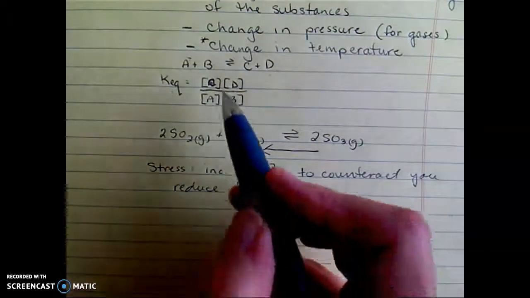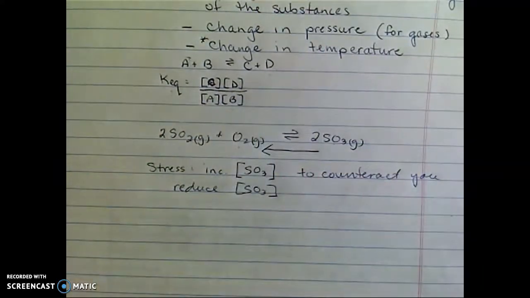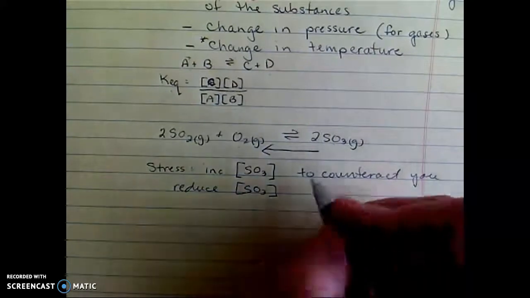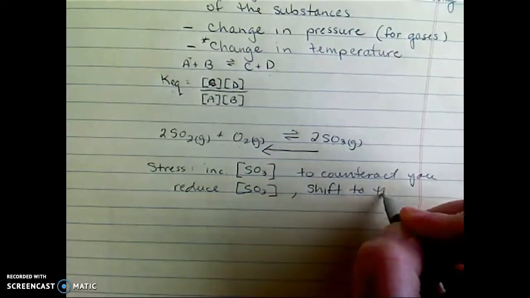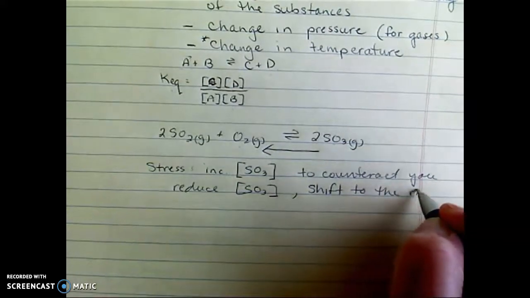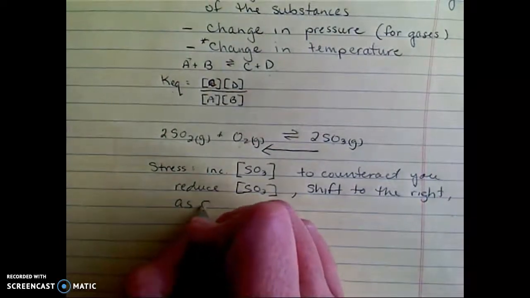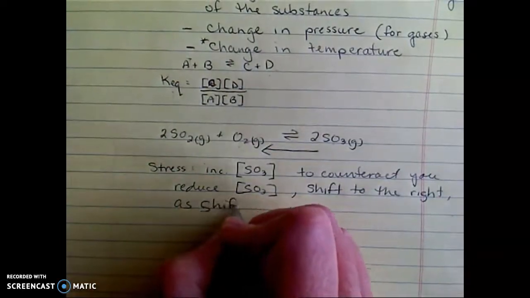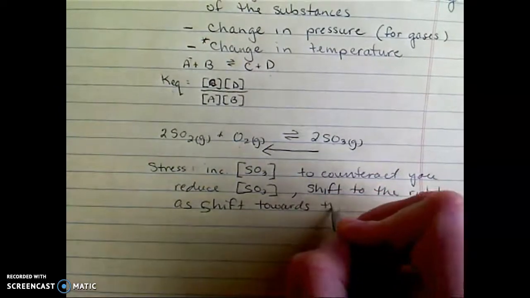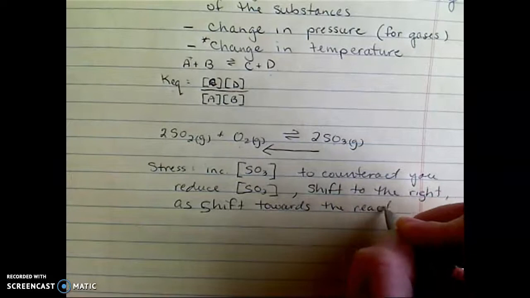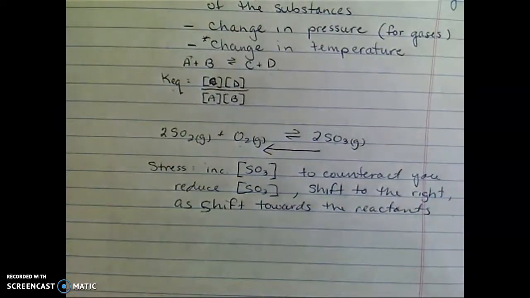That's going to balance out your concentrations and give you the same equilibrium constant. So we will see a shift to the right, or you could describe it as a shift towards the reactants, and then that would all be balanced out.